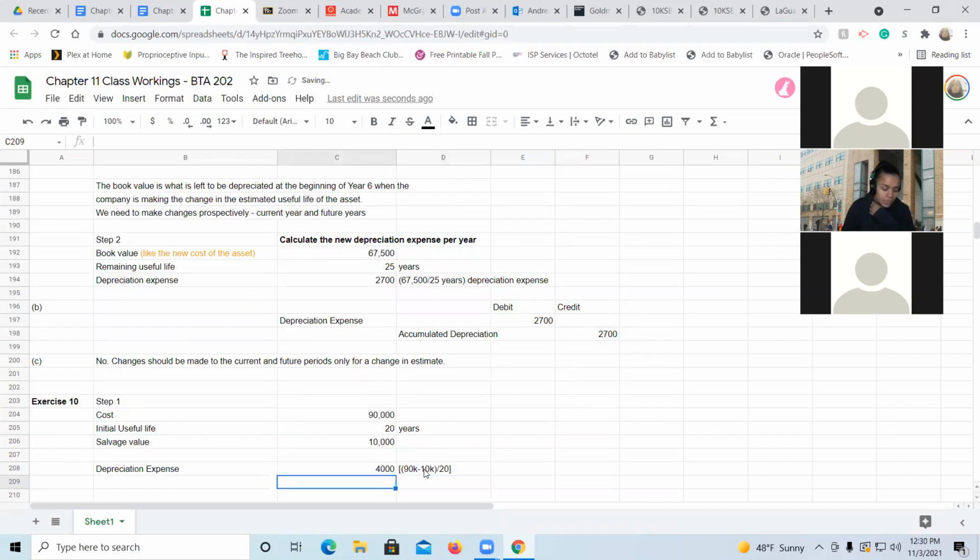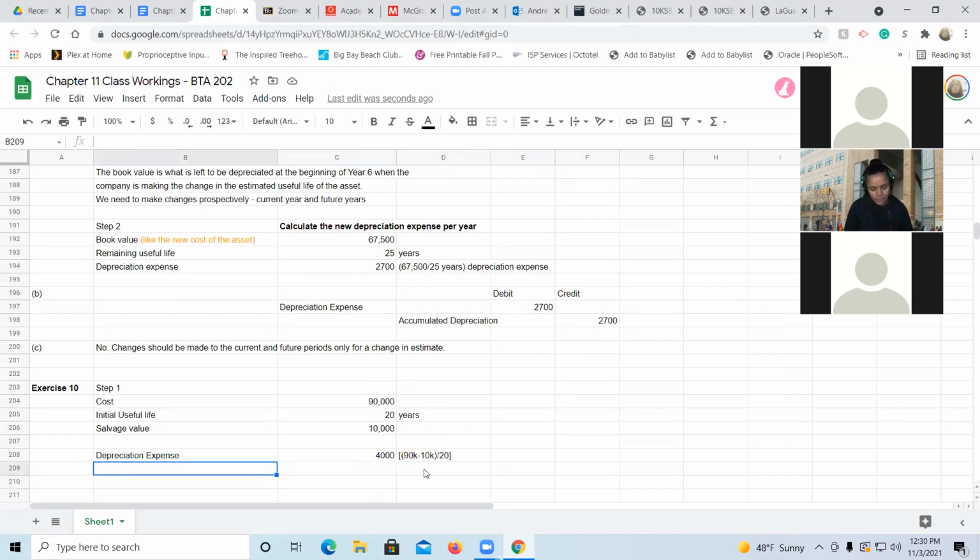All right, so 4,000 depreciation expense per year. So obviously for 5 years, you're just going to multiply the 4,000 times 5, and that's going to be your old accumulated depreciation.